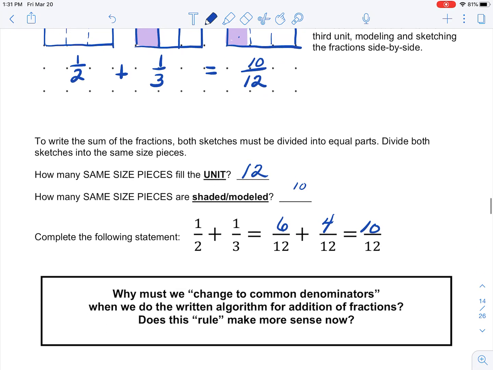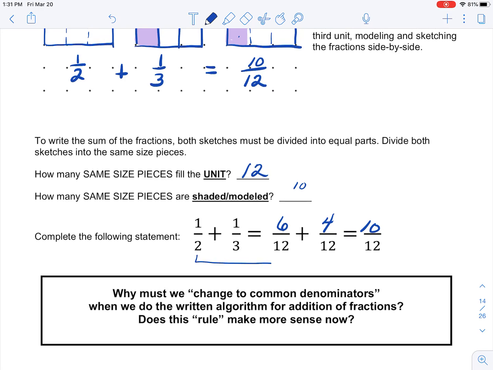And this, I hope, helps you see that we have to change to common denominators because we can only add equal sized pieces. So when we do this written algorithm, we would change the 1/2 and the 1/3 to equivalent fractions that have the same denominator, and then we just add the numerators and keep the denominator.